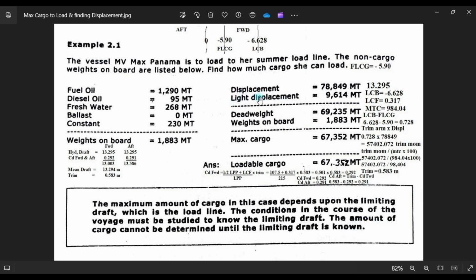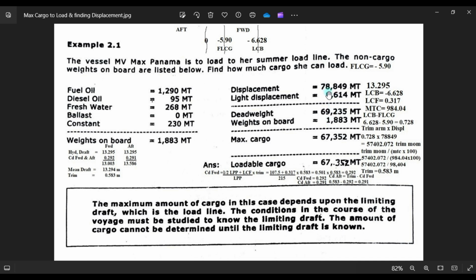In this case, the displacement is 78,849 metric tons. With this displacement, you deduct your light ship, which is 9,614, and the resultant will be dead weight. So displacement minus your light ship is your dead weight.